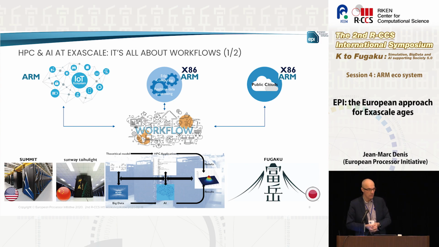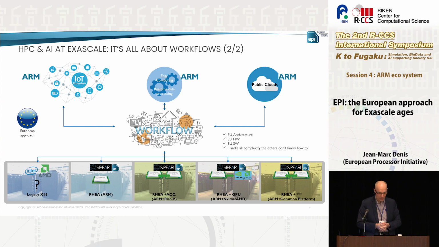If you look at Amazon, for instance, they are moving to ARM-based clouds. In China as well. So it is very interesting to consider that, except in HPC, where you only have a few systems with ARM, the world is ruled by ARM. And that's very interesting because we have to move to ARM because of the data coming from the real world.